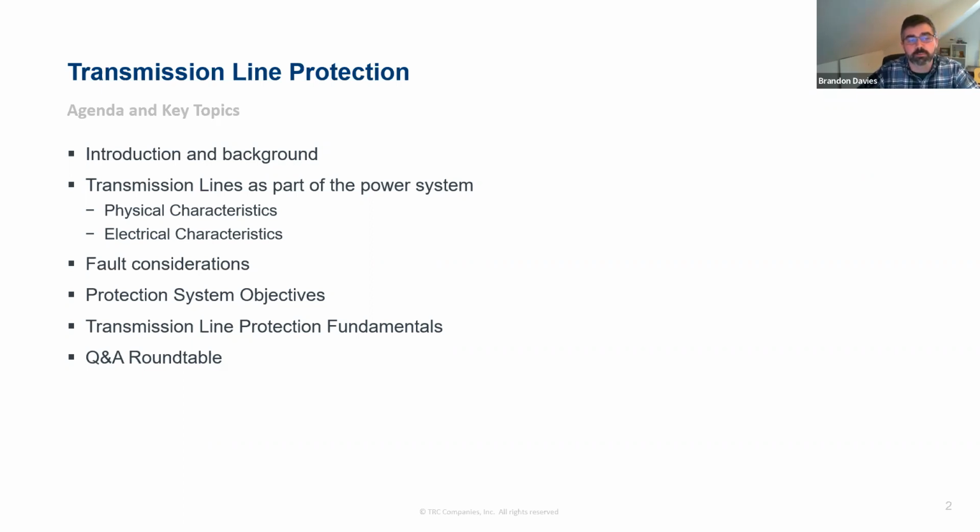And then we'll start getting into some of the fun protection stuff towards the end of the class today, going over high-level protection system objectives, which is probably some duplication of some of the stuff you've covered already with some of the other presenters throughout the semester. And we'll take a very high-level look at transmission line protection and what type of protection elements we'll be using and learning about over the next few classes.